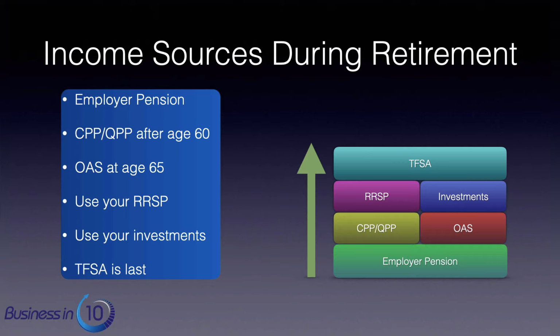If this is not enough income, and usually it is not, especially if you don't have an employer's pension, then you will need to use your investments, the money that you have saved in RRSP or other investments. And leave your TFSA, if you have any money in TFSA, and use it last.